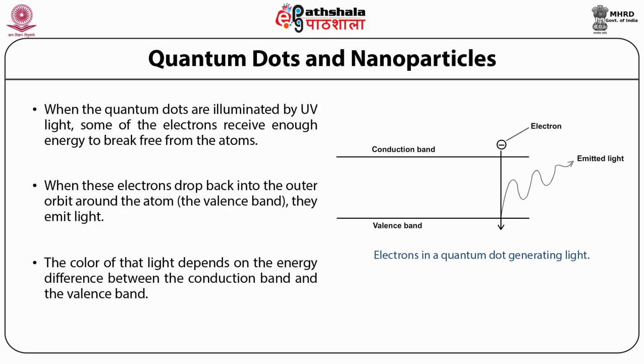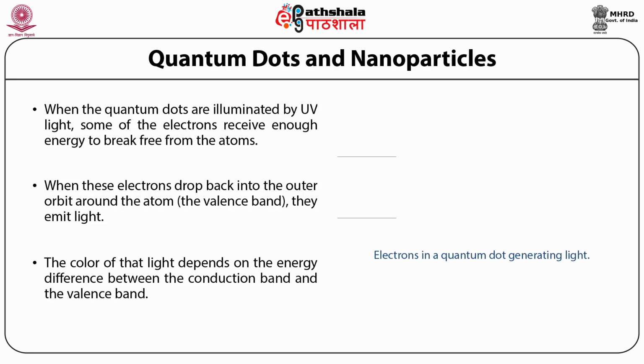The smaller the nanoparticle is, the higher is the energy difference between the valence and conduction bands, resulting in a deeper blue color. And for a large nanoparticle, the energy difference between the valence band and the conduction band is lower, which shifts the glow towards the red end.